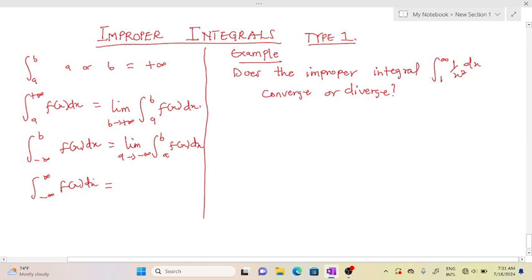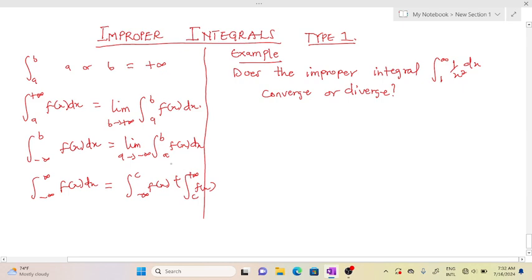We break it into the integral from negative infinity to c, which you don't know, plus the integral from c itself to positive infinity of f of x. So this is how we manipulate our improper integral type 1.